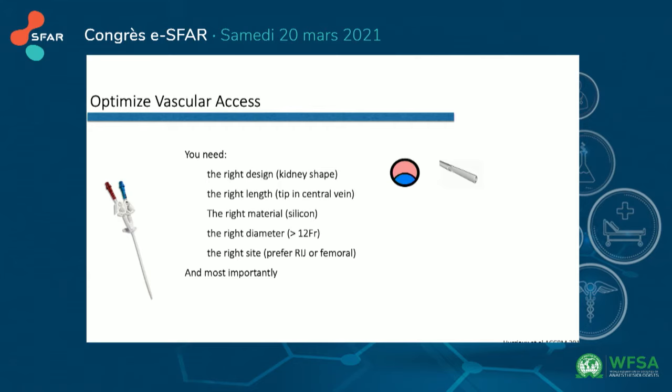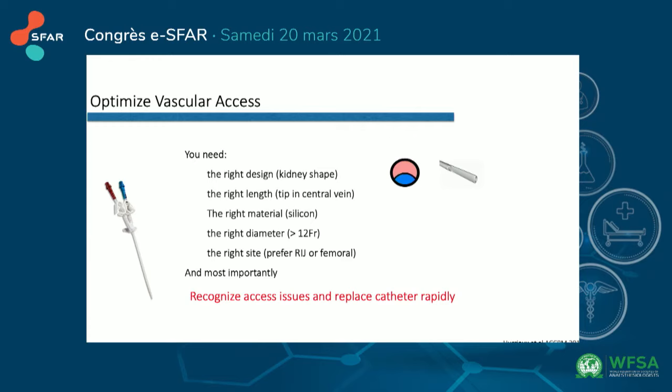So for the vascular access, the best vascular access needs a few definitions that are presented here. You need the right design, depicted in the image on the right. It's called kidney shape, the shape that will minimize turbulence, and therefore the propensity of the blood to clot within the catheter itself.